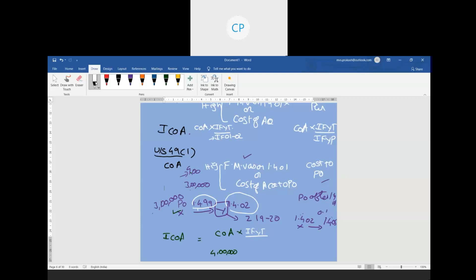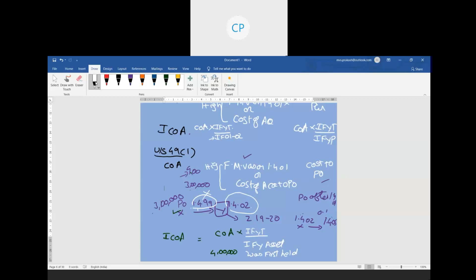Now, first let us try to understand what the Income Tax Act says. The Income Tax Act says: index value for the year in which the asset was first held by the current assessee. The current assessee doesn't have it in 99.